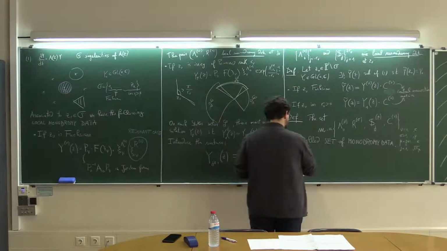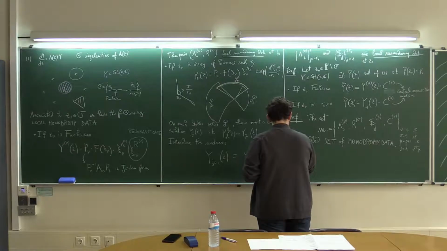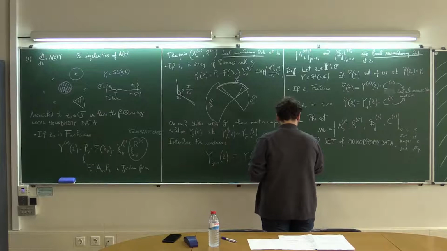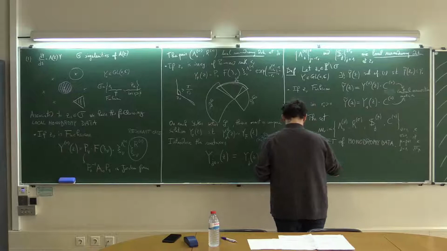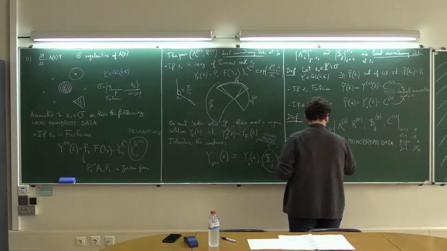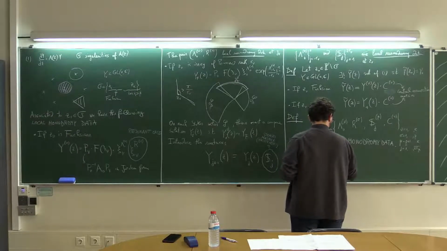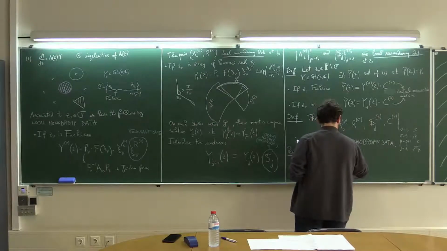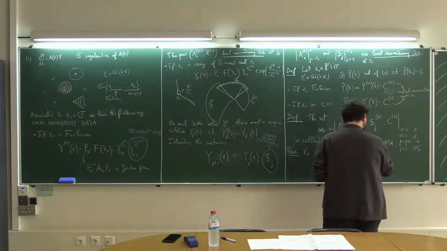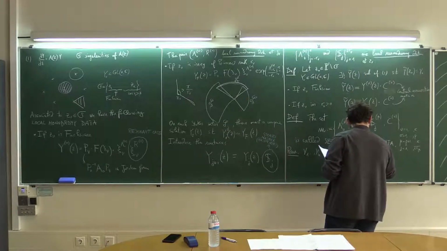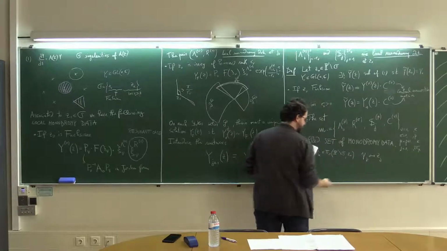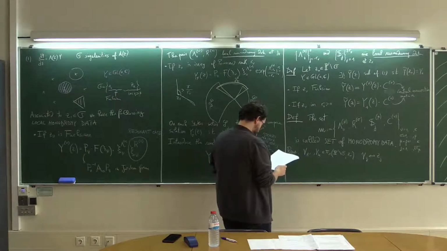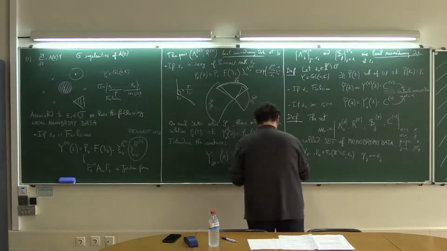Indeed, assume, so this is an important remark, assume that gamma 1, ..., gamma k are loops in the fundamental group of the complement of the singularities based at some regular point, in one-to-one correspondence with the singularities, so gamma j is a loop around the singularity Zj. Then we have the following two identities.